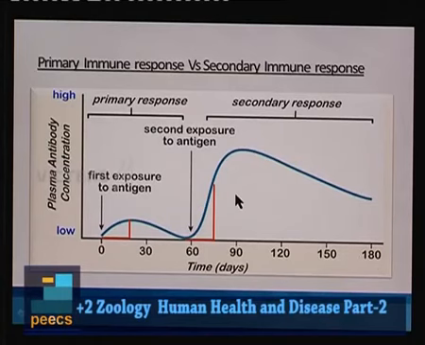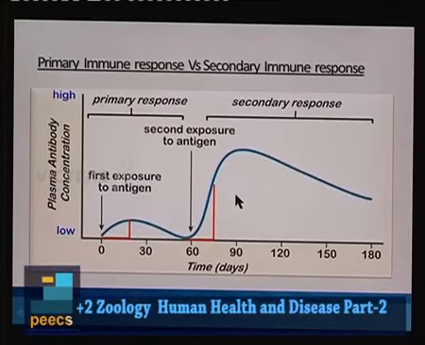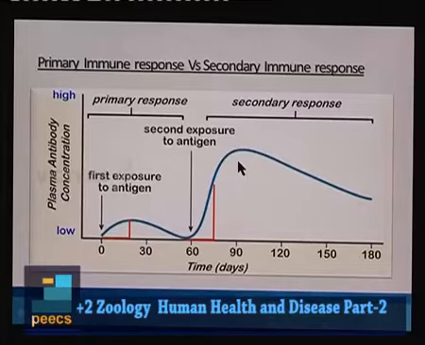So, these memory cells will identify the antigen quickly and they are able to produce a heightened immune response or anamnestic immune response. So, that is shown here, and you can see the plasma antibody concentration is comparatively high. So, primary immune response is of low intensity and secondary immune response is of high intensity.